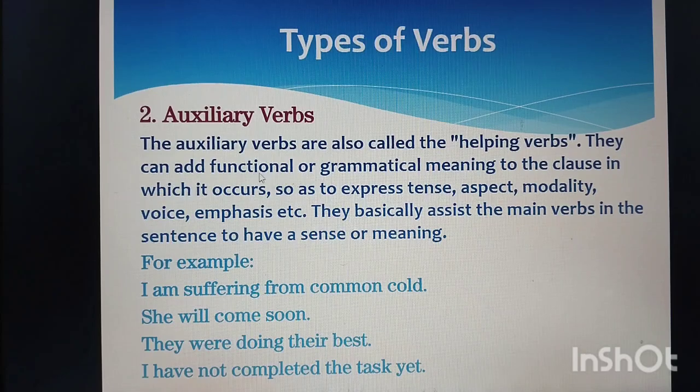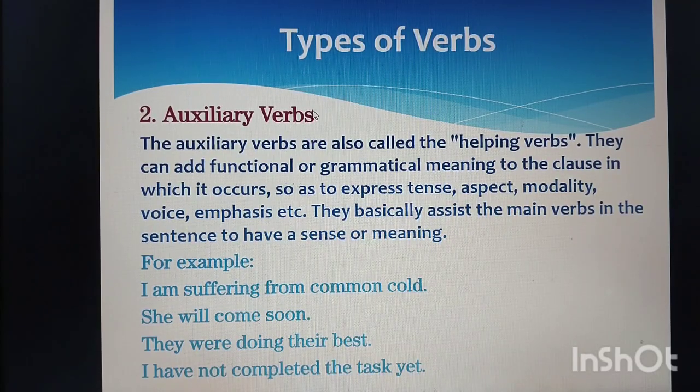They can add functional or grammatical meaning to the clause in which they occur, so as to express tense, aspect, modality, voice, emphasis, etc. They basically assist the main verbs in the sentence to have a sense or meaning. So this definition tells you that an auxiliary verb is the helping verb.